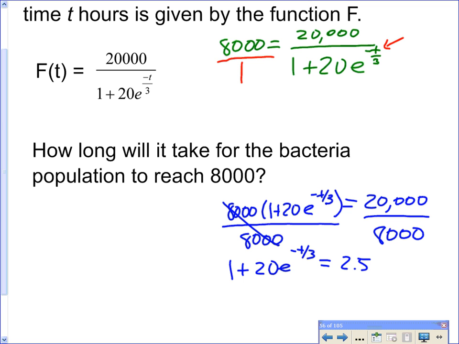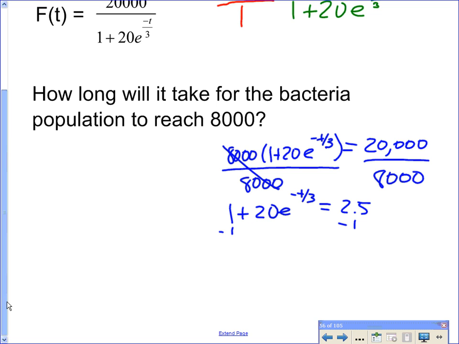Okay, and from there I can subtract the 1 from both sides. And when I subtract that 1, it cancels here. 20 e raised to the negative t over 3 is equal to 1.5.